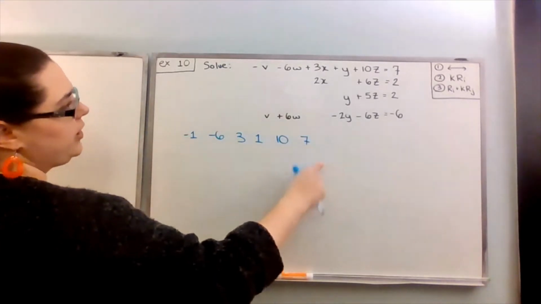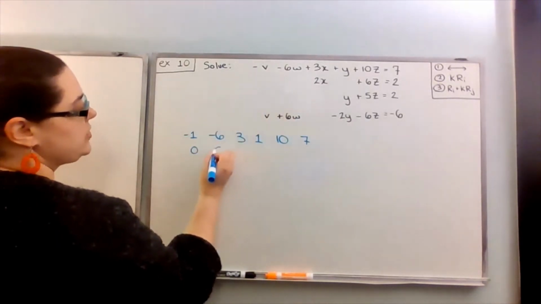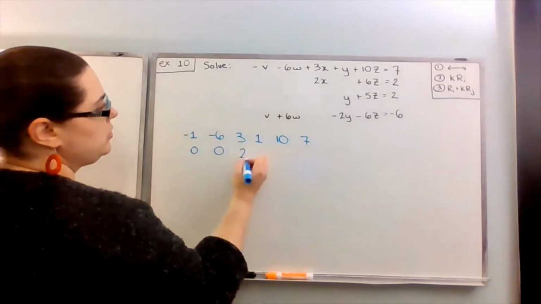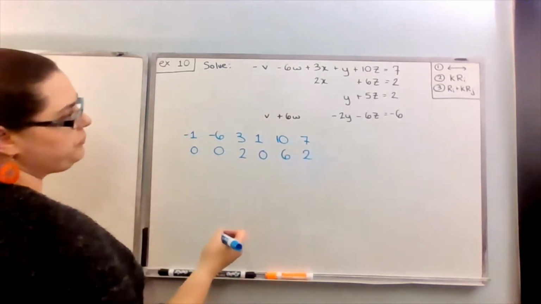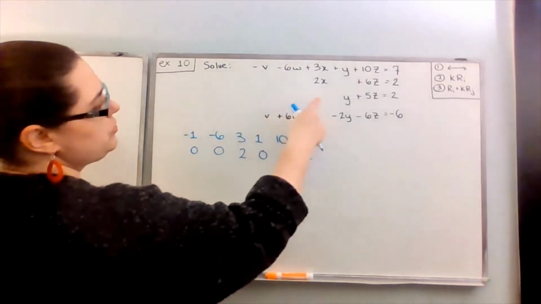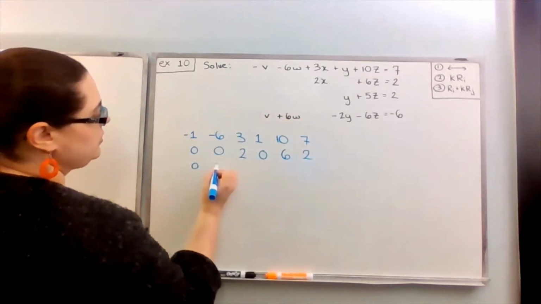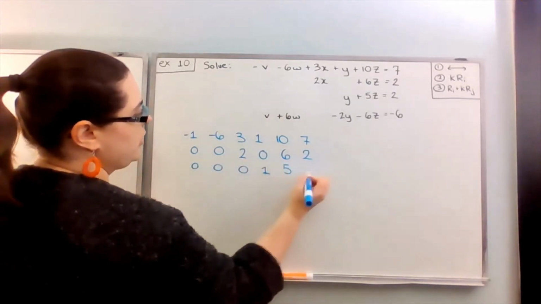Then in the next row, I have zeros for the first two coefficients. So I'm going to have 0, 0, 2, another 0, 6, 2. Ooh, lots of zeros on this one. So we have 1, 2, 3 zeros to start. And then we have 1, 5, and 2.